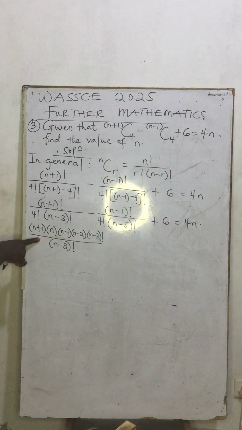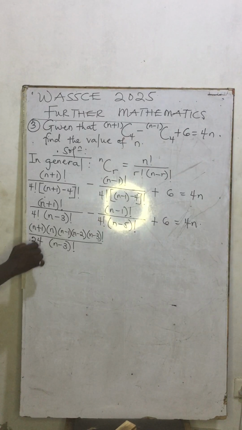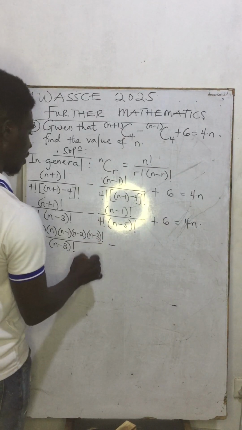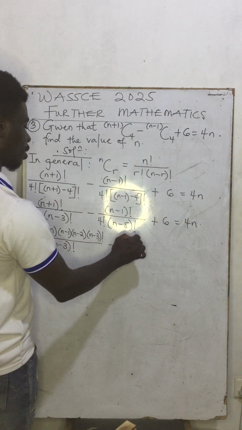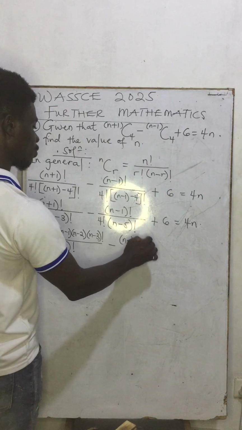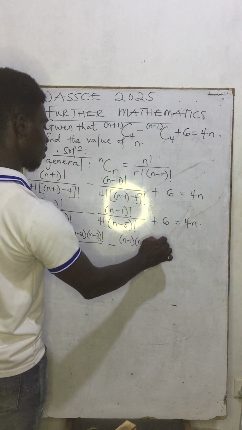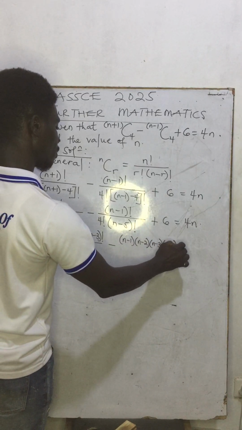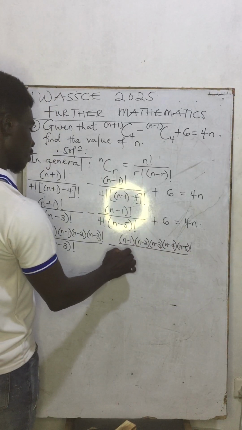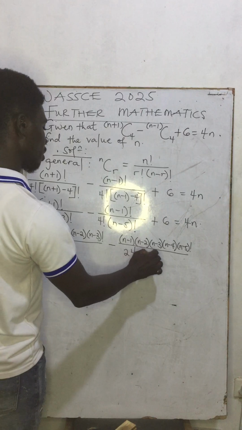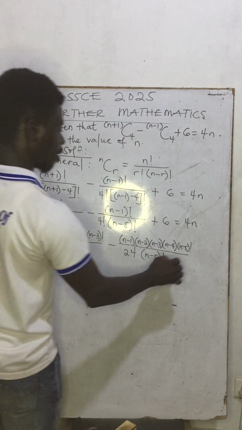In fact, 4 factorial will give us 24. Minus, here we expand, we keep this, (n-1)(n-2)(n-3)(n-4)(n-5) factorial all over, still 24 times (n-5) factorial.